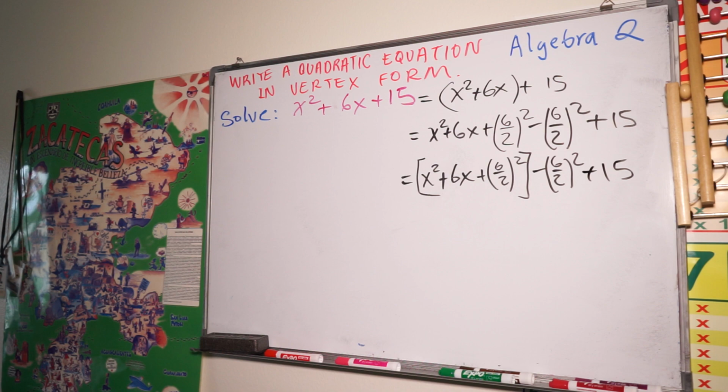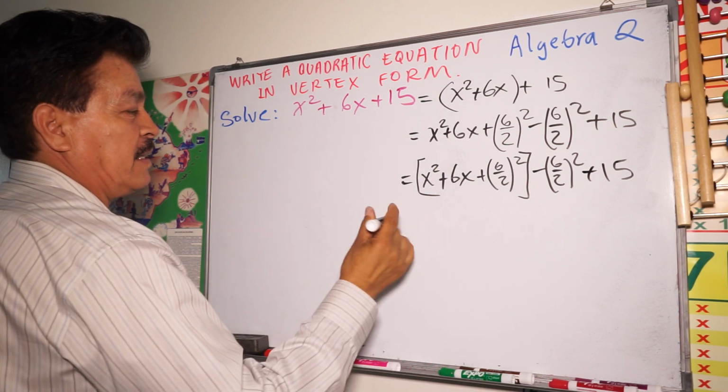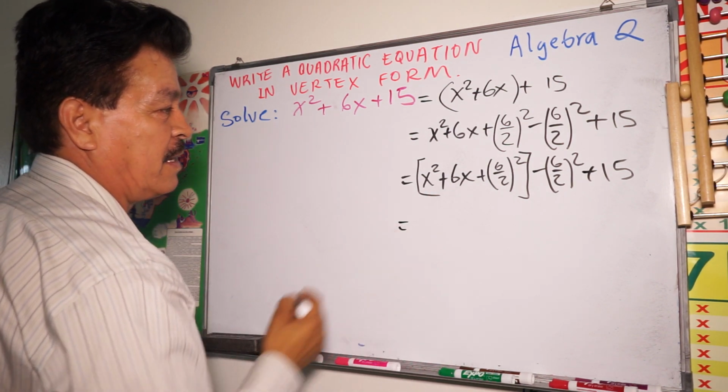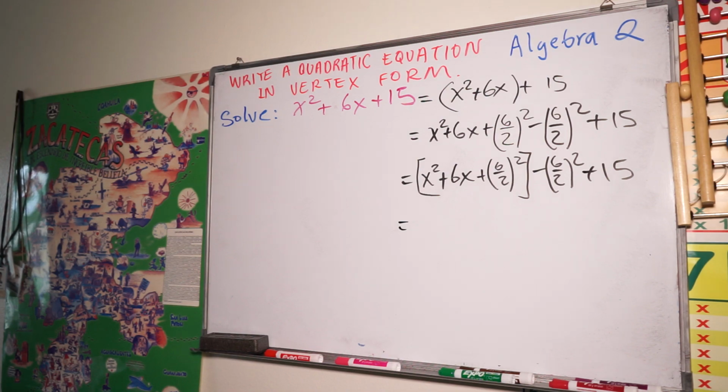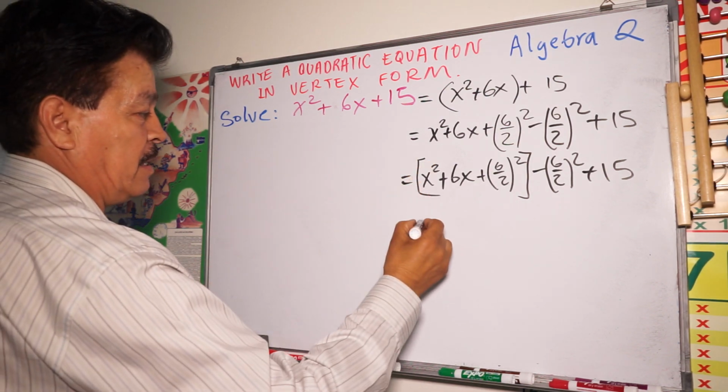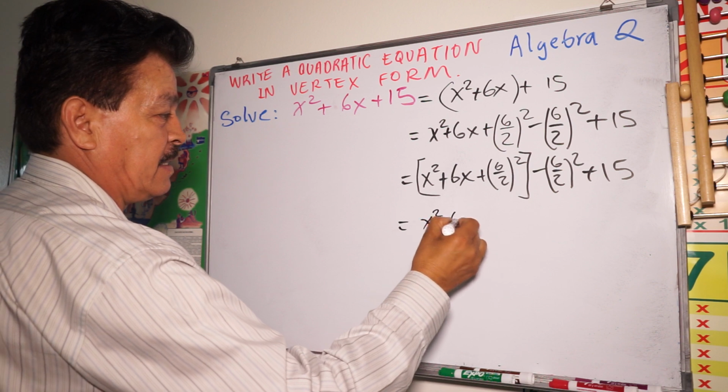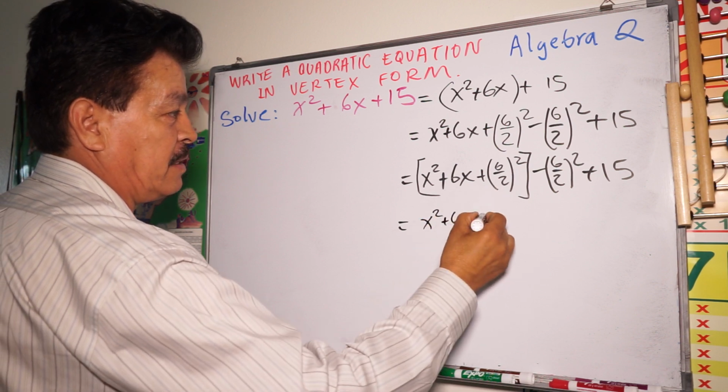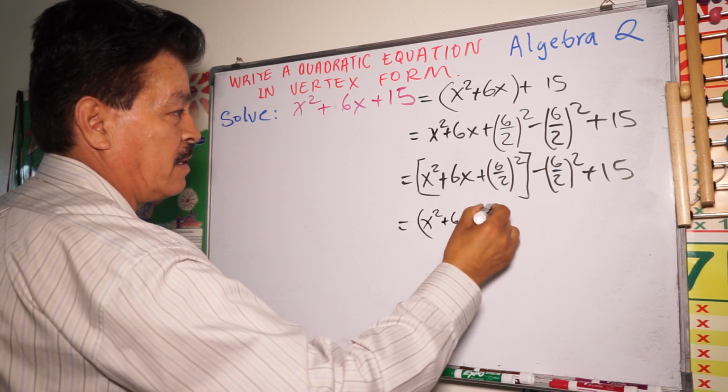Next, simplify this. We are going to have x squared plus 6x plus 6 divided by 2, which is 3, right?